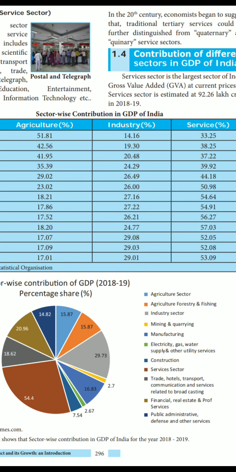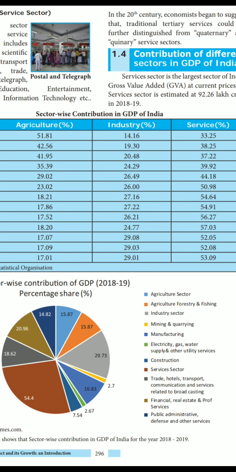Next, service sector, 54.7 percentage. And trade, hotels, transport, communication and service related to broadcasting, how many percentage? 18.62 percentage. Next, financial, real estate and professional services. For that, how many percentage? 20.96 percentage. And public administration, defense and other services, 14.82 percentage.